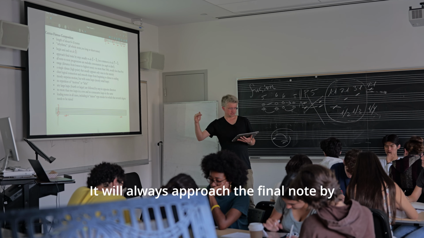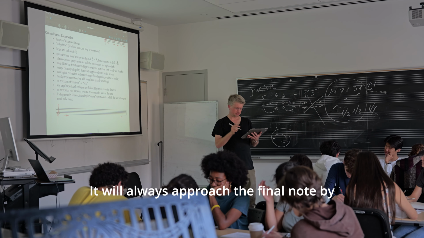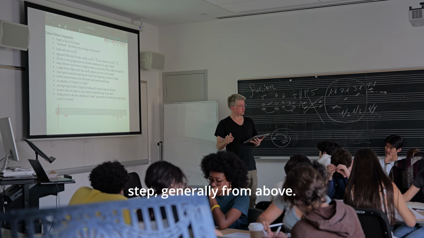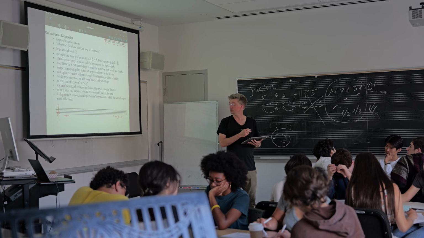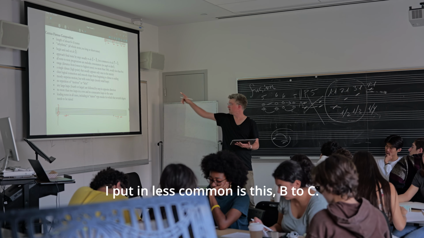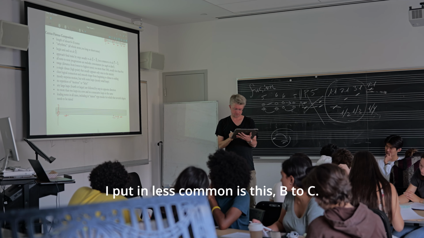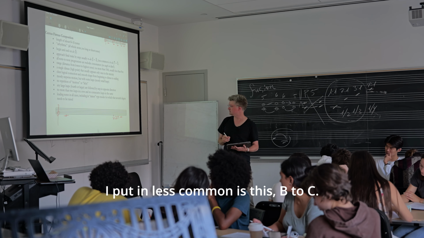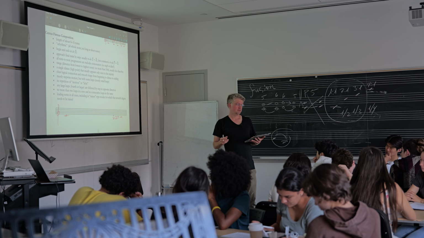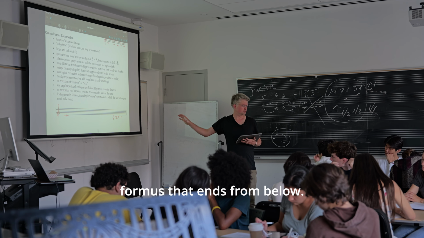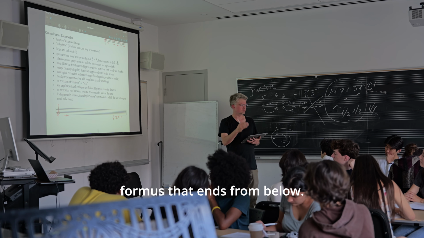It will always approach the final note by step, generally from above. Less common is this, B to C. I have rarely seen a cantus firmus that ends from below.